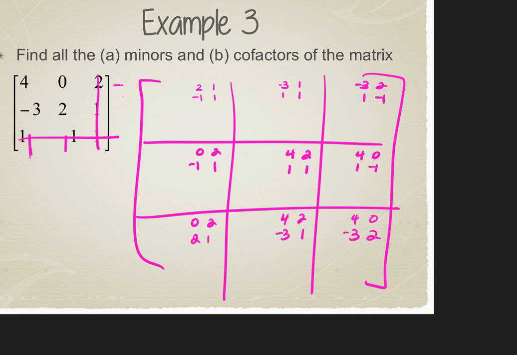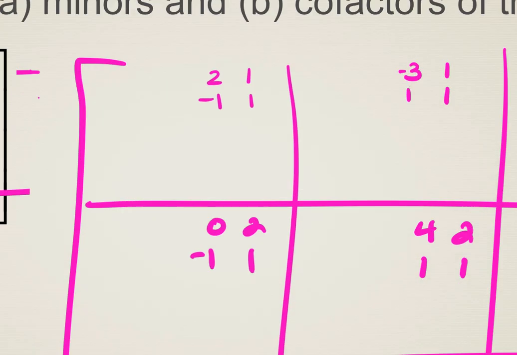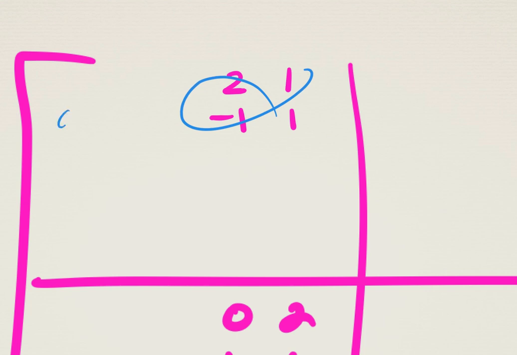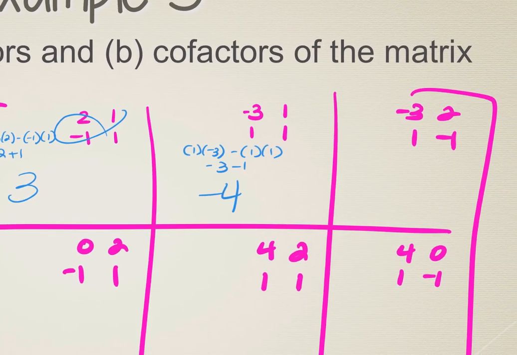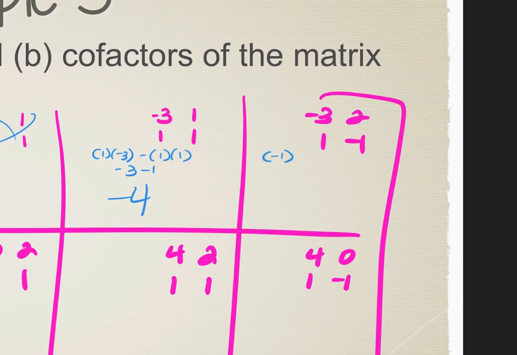Now I practice the determinant 9 times. It starts from the bottom right? Yep, bottom right. So this way. So 1 times 2 minus -1 times 1, which is 3. 1 times -3 minus 1 times 1, -3 minus 1, -4. -1 times -3 minus 1 times 2, 3 minus 2, 1.